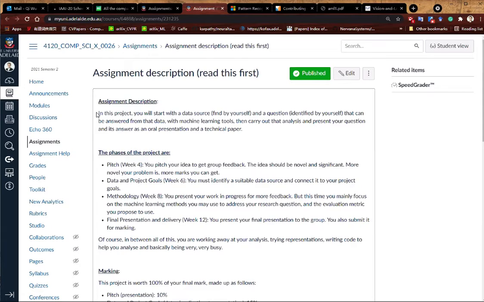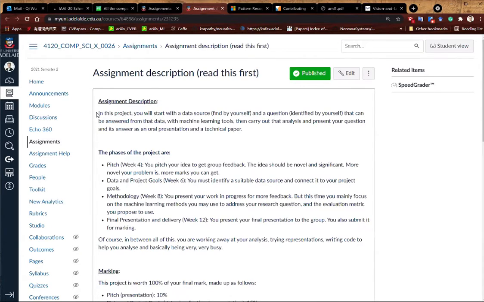And would you mind mentioning it again regarding data source? Could we create our own data source? Yes, for the data source, I prefer you to find an existing one because it will be easier for you.